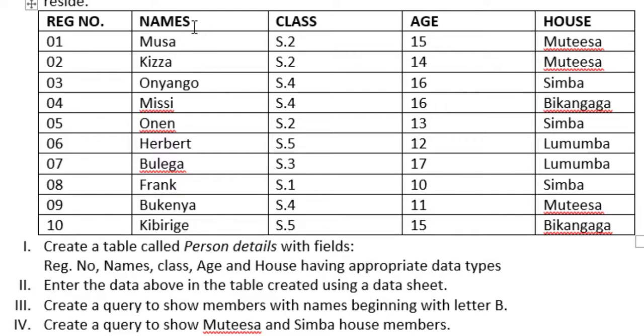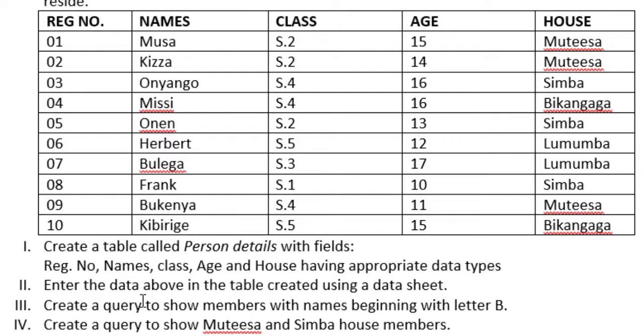Then the names are short text. Then class is a combination of alphabetical letters and numbers, so here we can either use text, or we can even use memo. Age, we have number. House, we are seeing text. So Roman numeral 1, we did it last time.